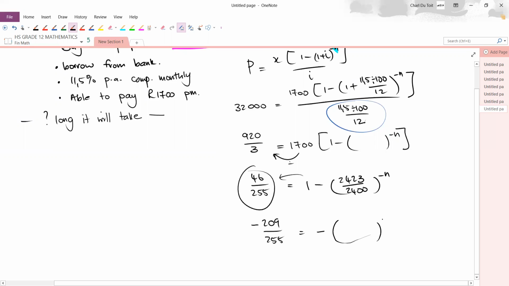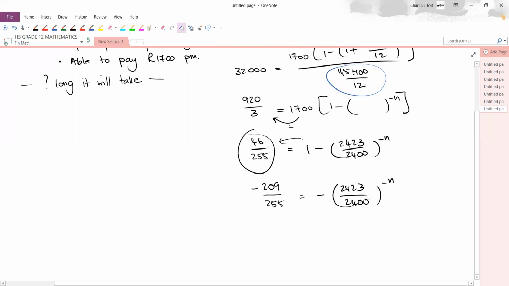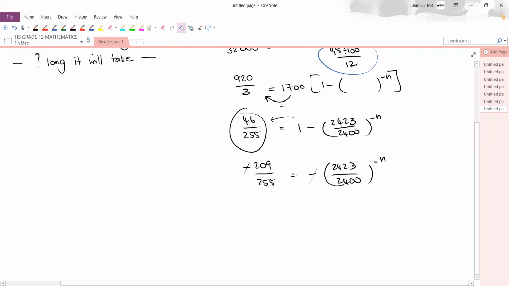Negative whatever that is, 2423 over 2400. And now I can cancel the negatives on both sides. So in effect, I don't have to write this, but this is what remains, 255. And then I have a bracket there with a negative n, 2423 over 2400.